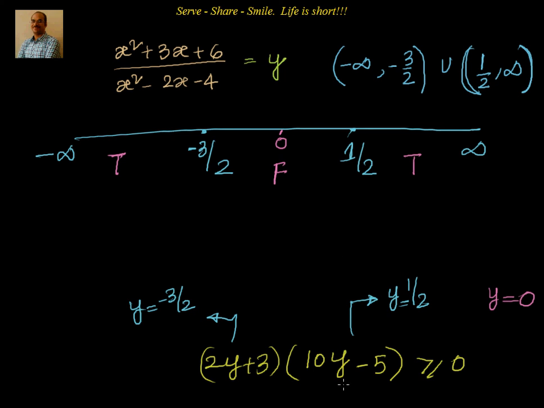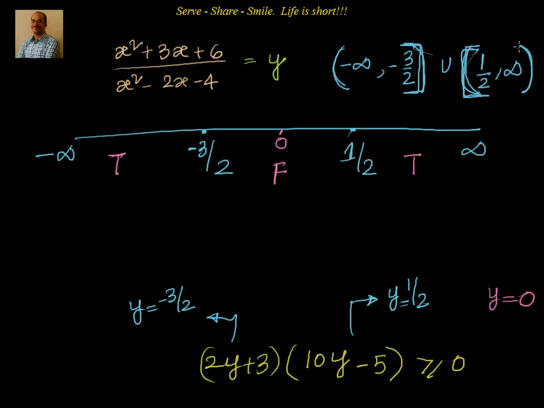So I think we can take minus 3 by 2 and 1 by 2 also, because when I put minus 3 by 2, I get 0, and again when I put 1 by 2, I get 0. So 0 is okay, greater than or equal to 0, that is what we are interested in.